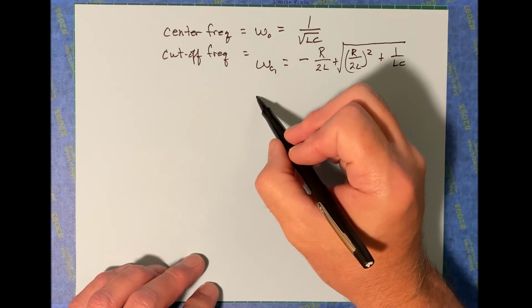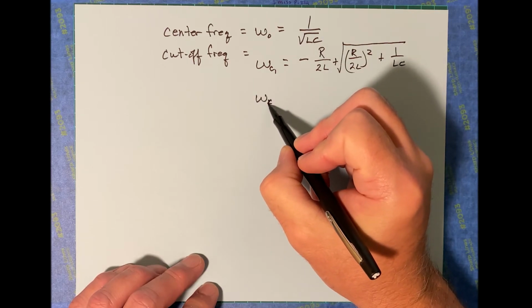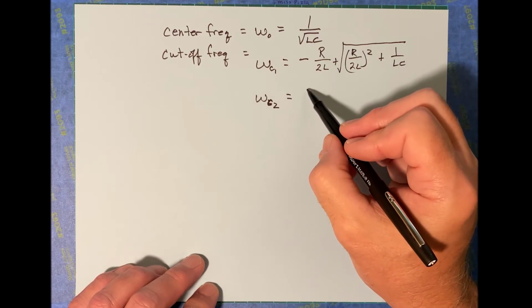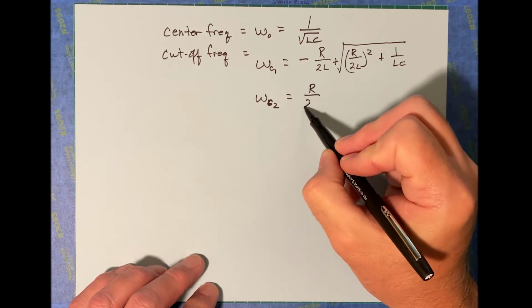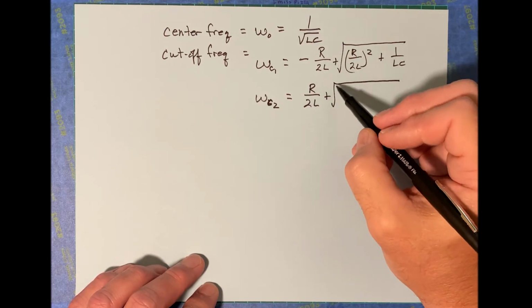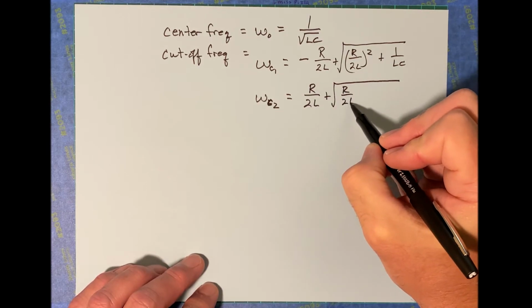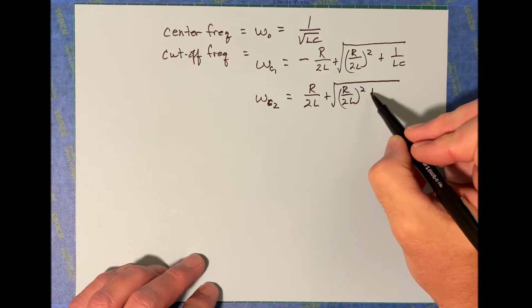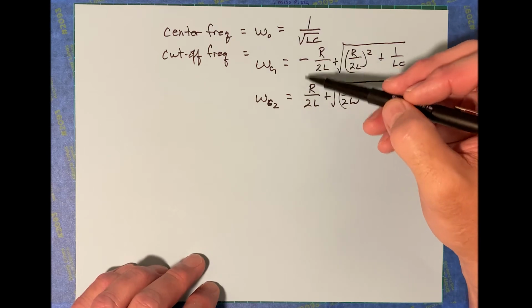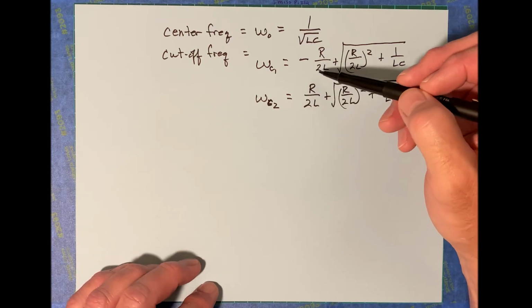Omega sub C2 is plus R over 2L plus the square root of R over 2L squared plus 1 over LC. So you can see the difference here is the sign that's out front of that first term.